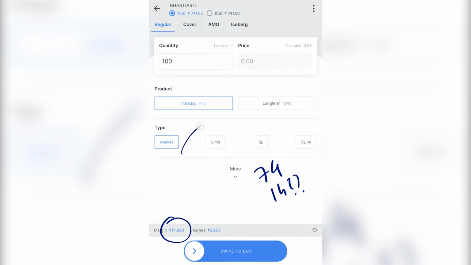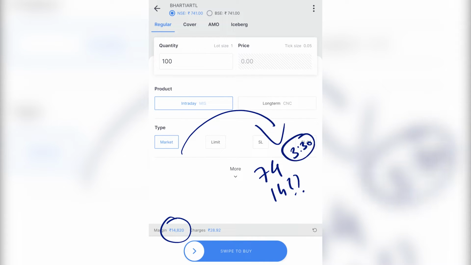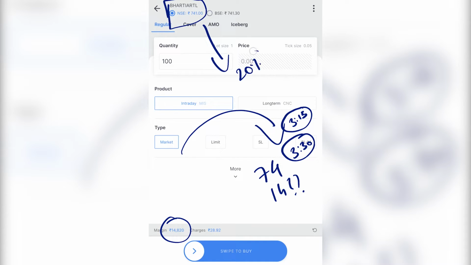It is because by the end of the day, the market closes at 3:30 p.m., and Zerodha wants me to close this intraday position at 3:15 p.m. Bharti Airtel has good liquidity. Zerodha knows that no matter what happens, Bharti Airtel can't lose more than 20% of its stock price in a normal situation. So, hey, let me give you a 5x leverage over here.